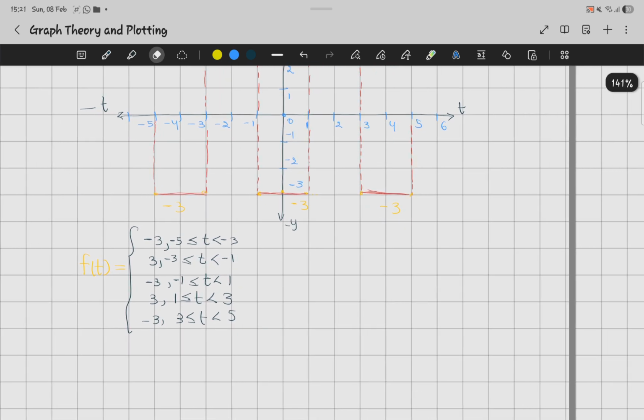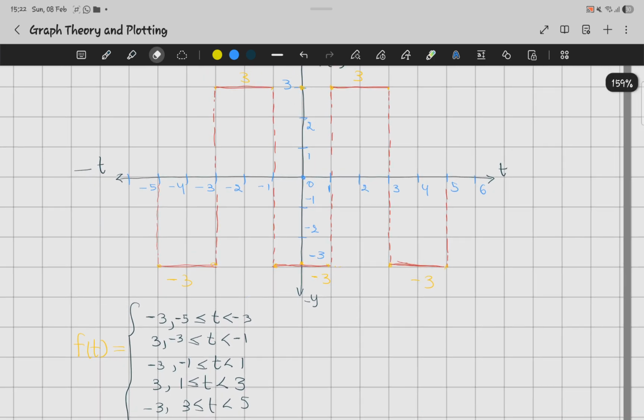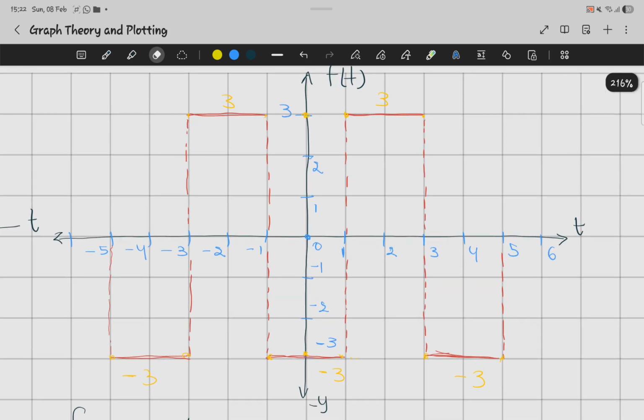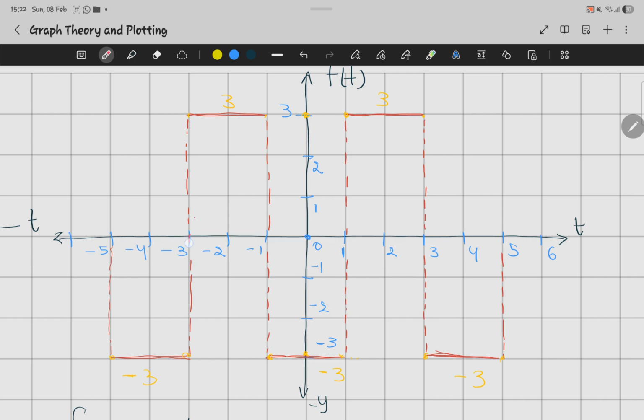If you want to know how to represent the period, let's say the period is where we start and end before the signal repeats itself. Let's take this point.